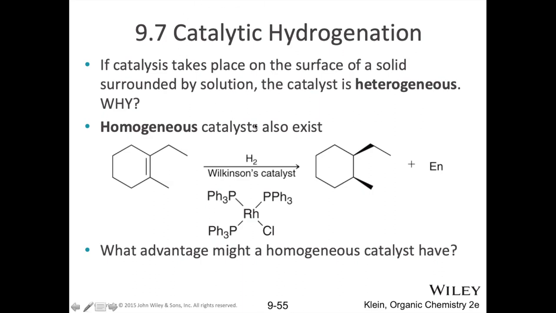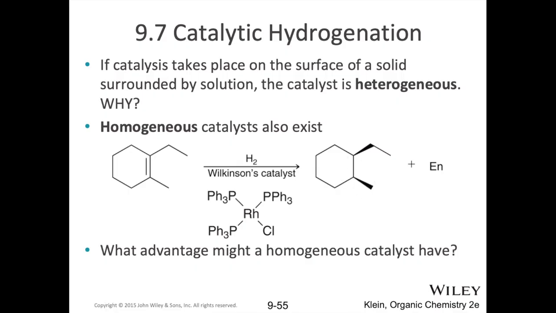Wilkinson's catalyst here is a rhodium atom with three triphenylphosphine groups plus a chlorine. Okay, and this will also do a syn addition to your alkene. It'll add hydrogen in a syn fashion here.